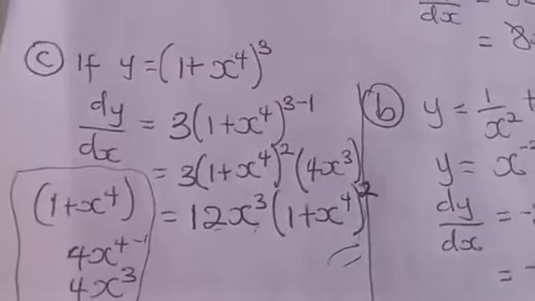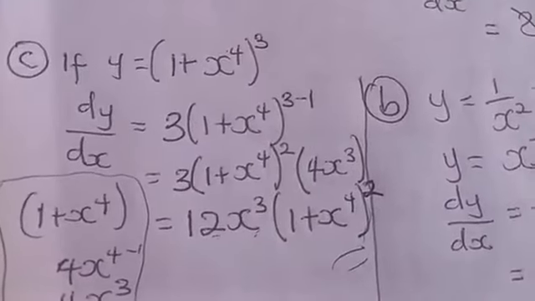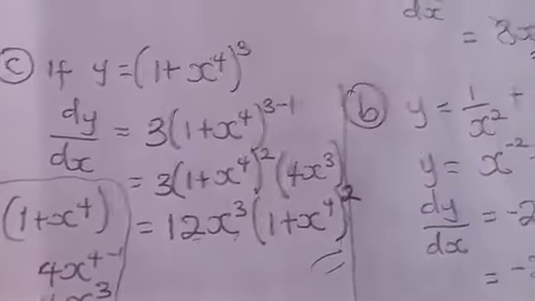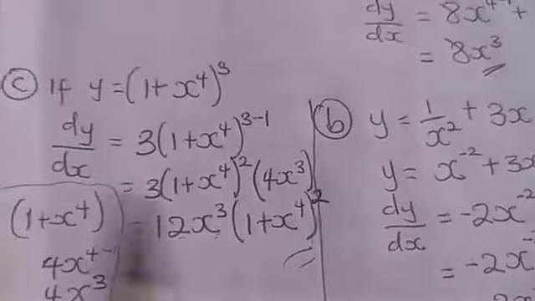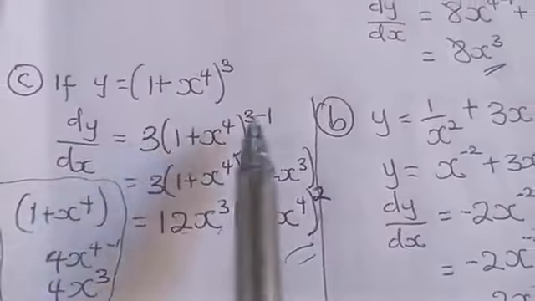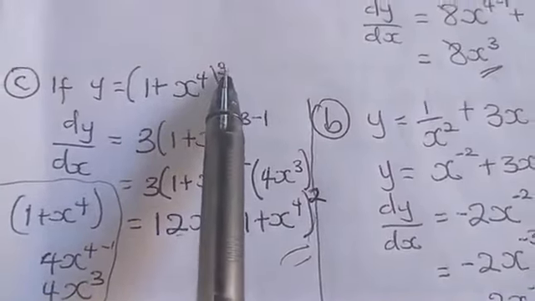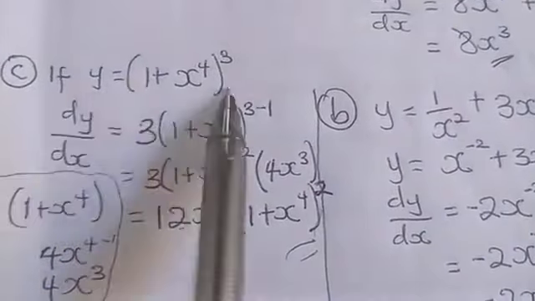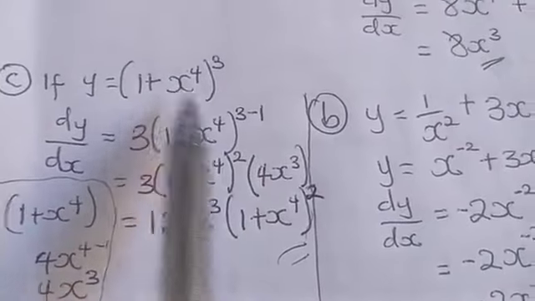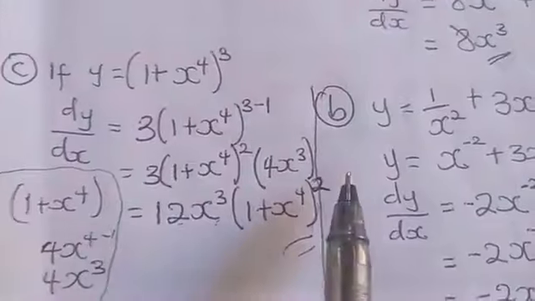So this is how to differentiate a function using chain rule. First of all, you differentiate by multiplying the power here by the coefficient of the function, and subtract 1 from the power.